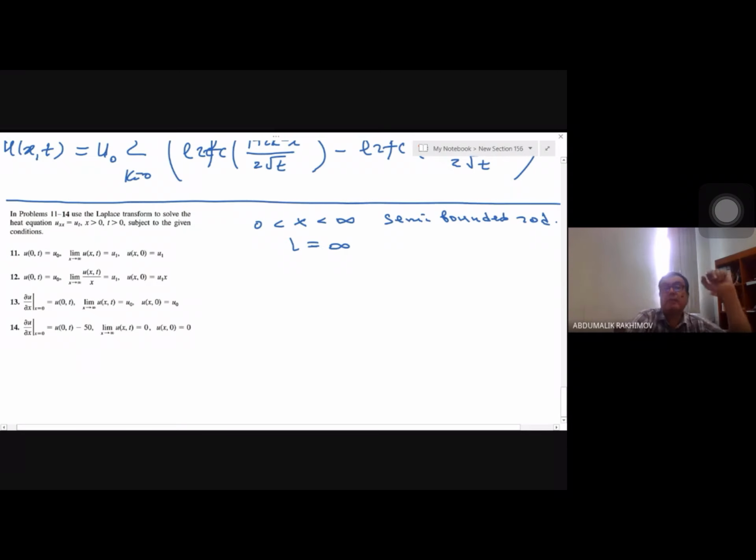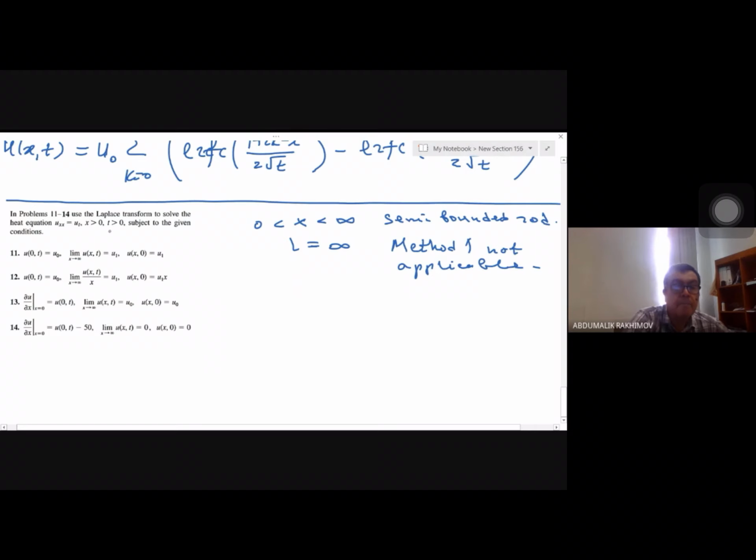So method 1 requires eigenvalues and eigenfunctions, right? Now you cannot do this because it is a semi-bounded rod. You have no choice. You have to use method 2. Method 1 is not applicable. So you have to use Laplace transformation.